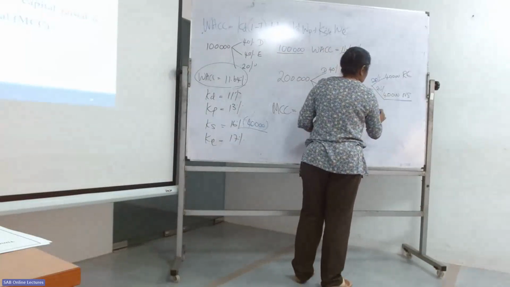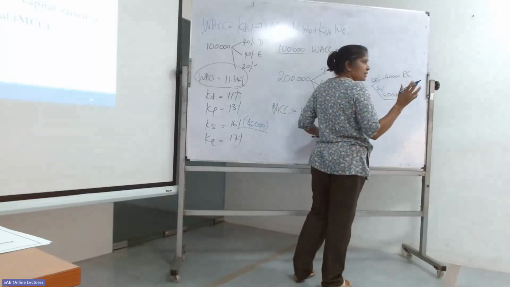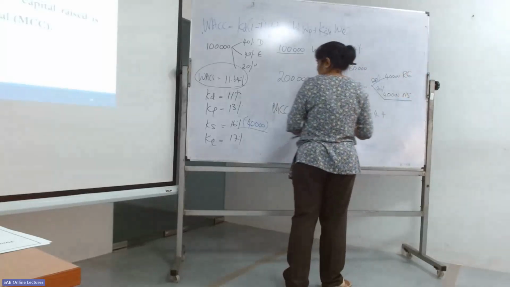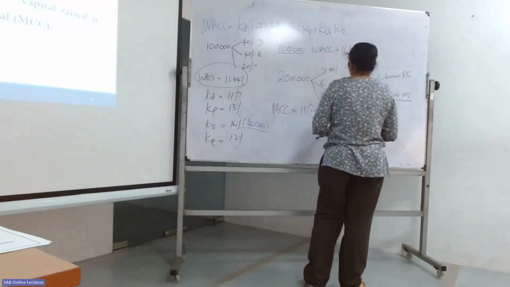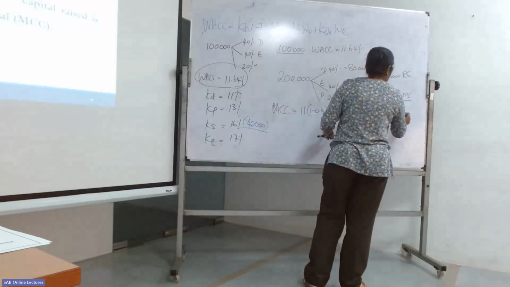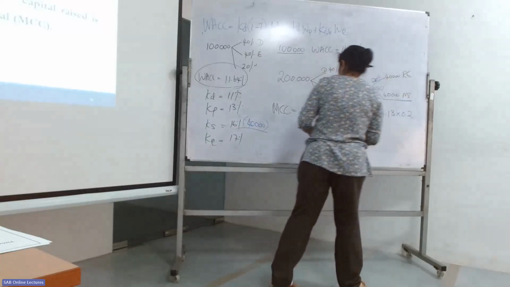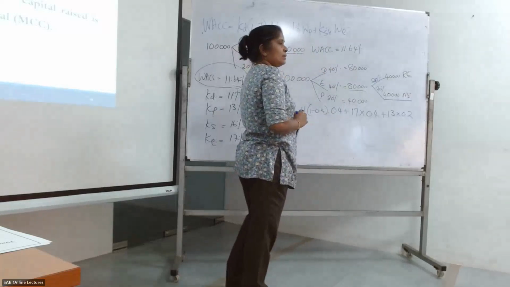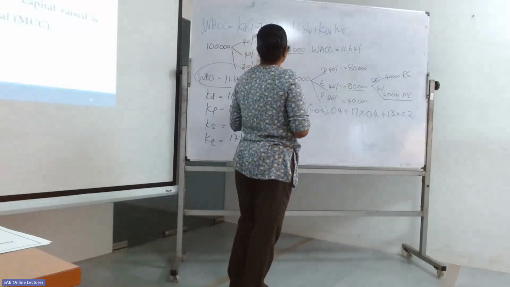Weight is 40 in the capital structure, plus preference shares, which do not change, 13% into 3. So this is the MCC, marginal cost of capital.